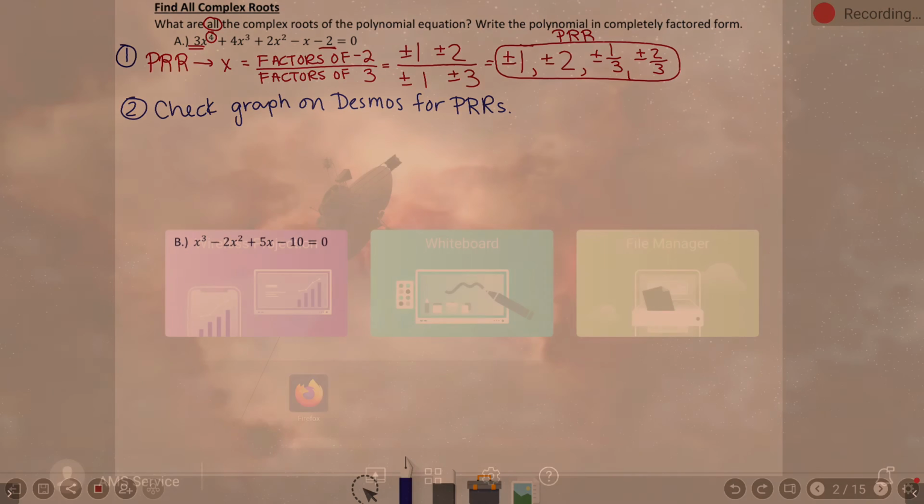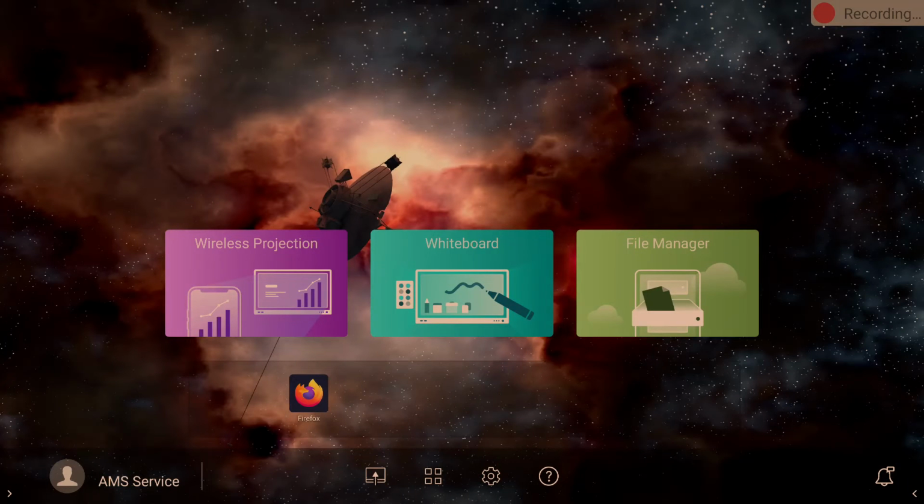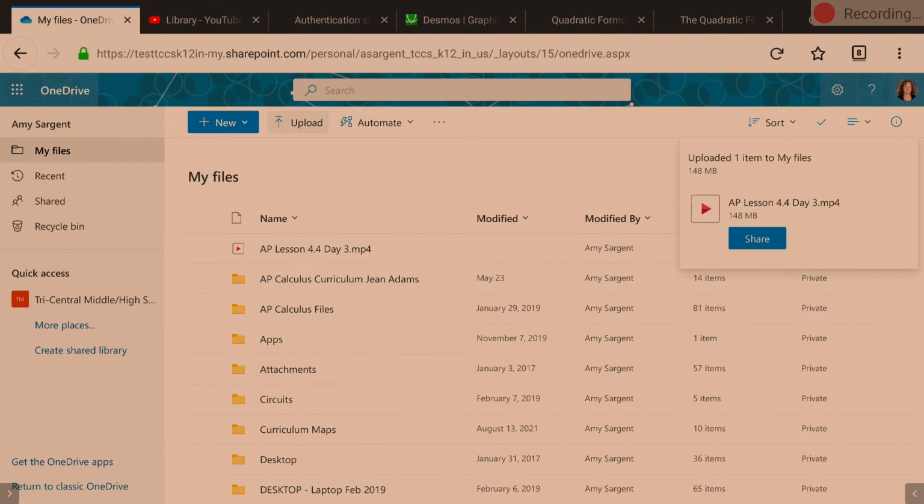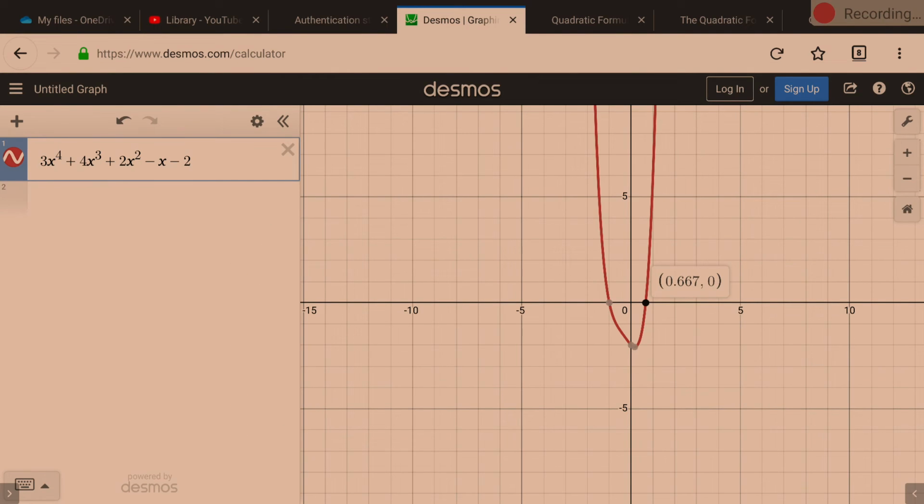I'm going to switch over to Desmos. If I'm lucky, I still have it graphed from earlier. Is that the right one? Yeah. Okay. You guys remember how to use Desmos, right?